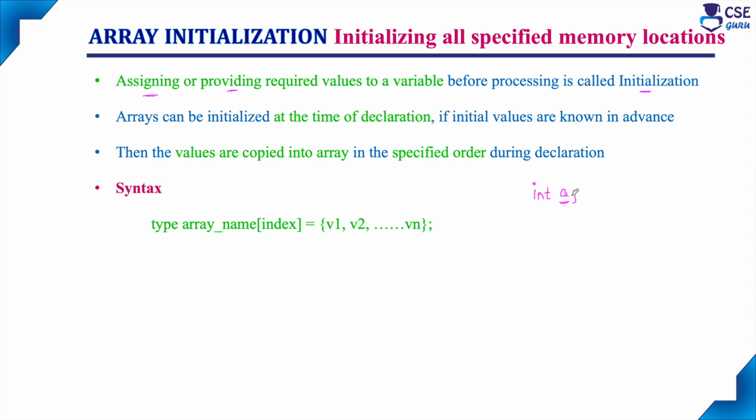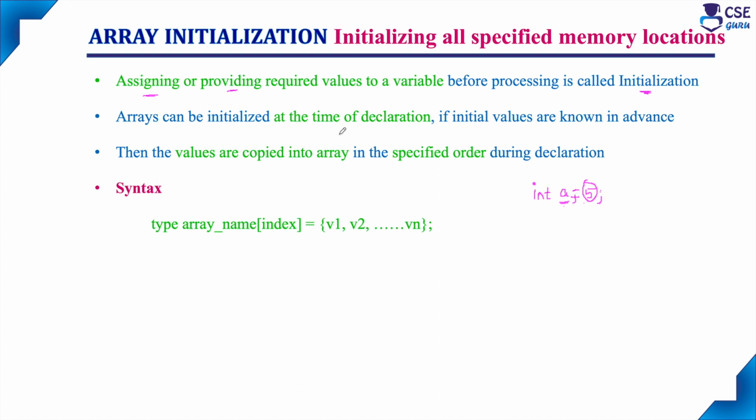So a is equal to 5. So int a, that is only declaration that will reserve only memory space. Okay. So a equal to 5, in that memory value 5 will be stored. So likewise, if you are assigning the value to array elements, that is nothing but array initialization.